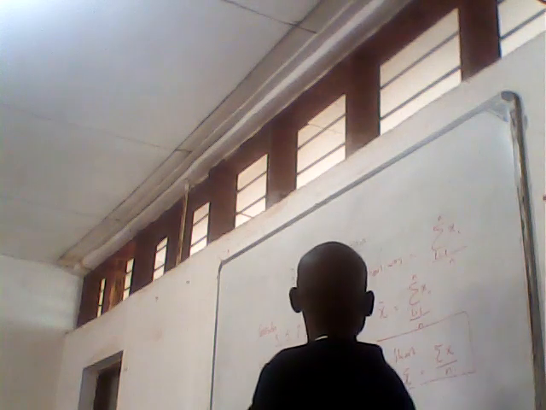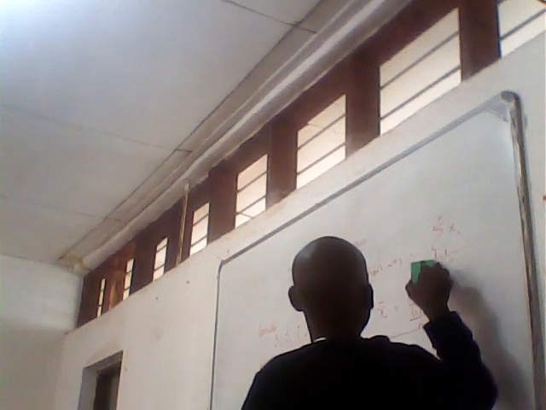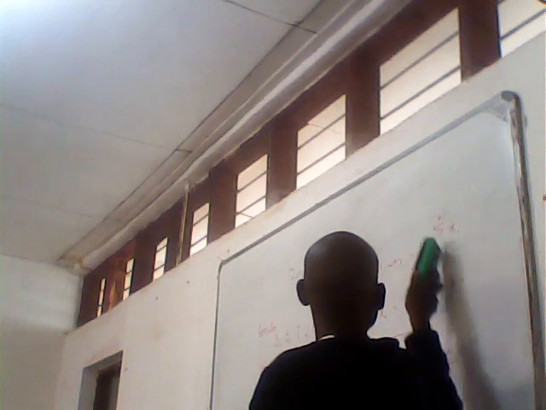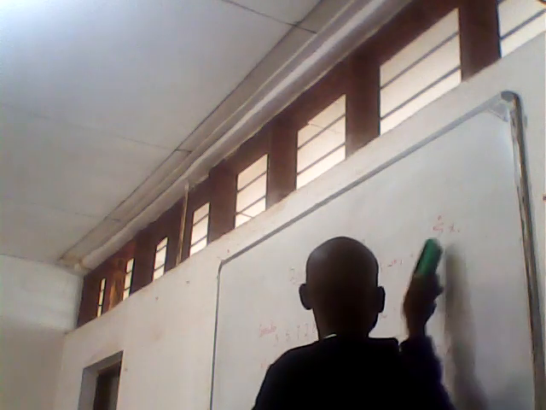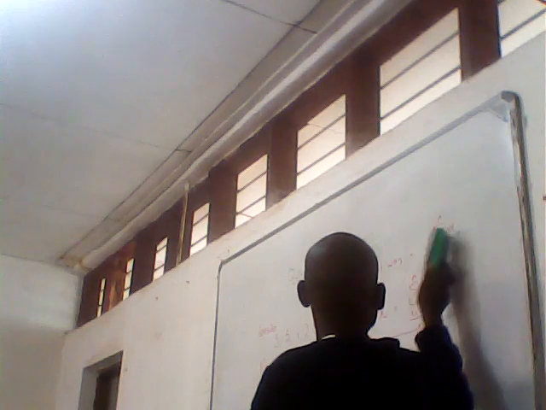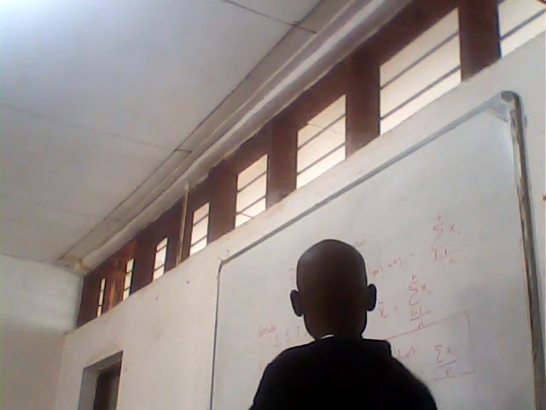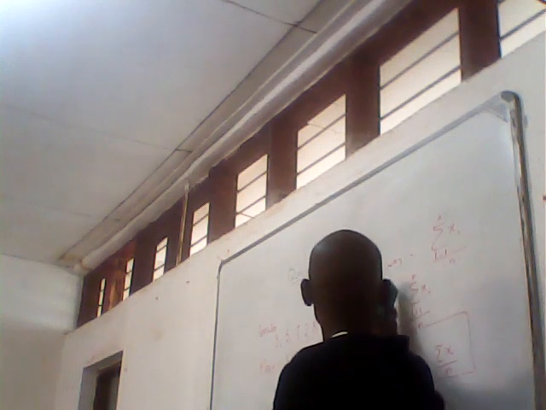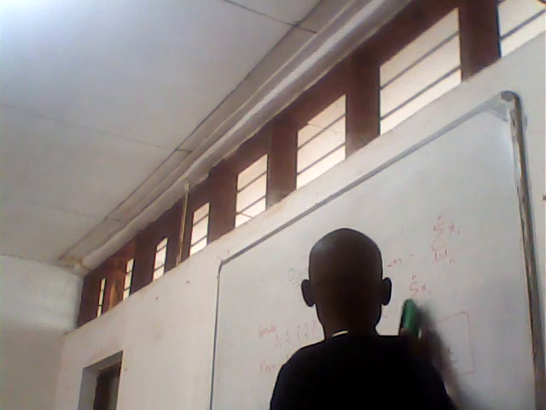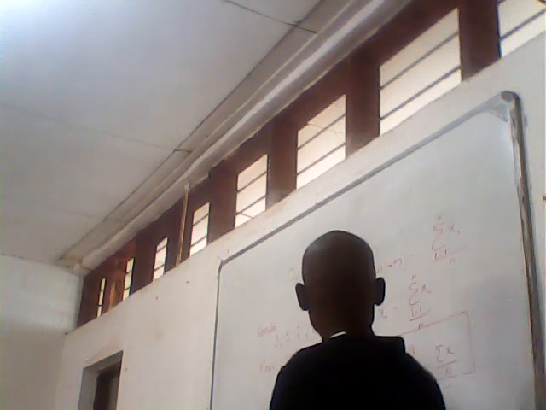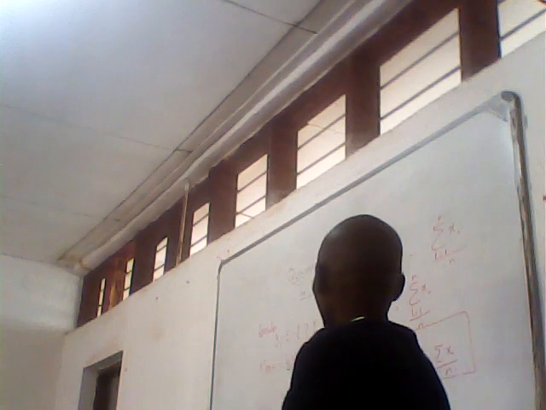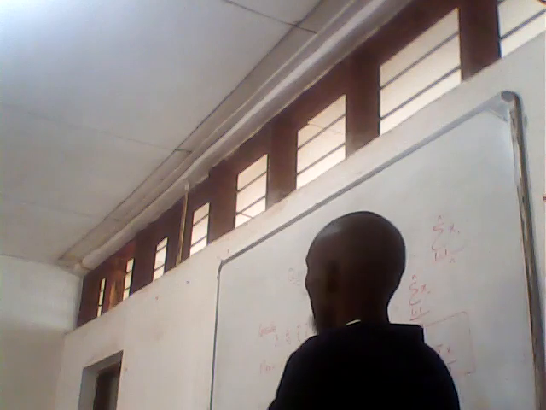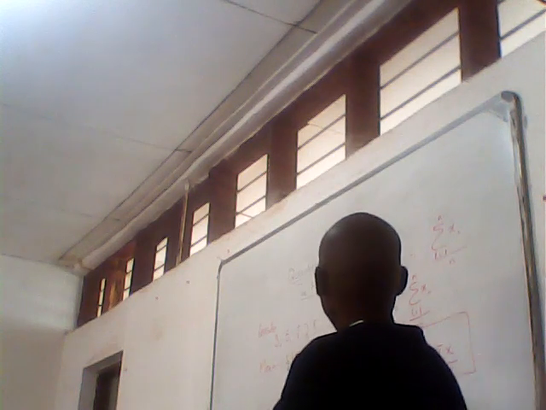You add them together, and when you divide by n, you are finding the average. So mean is equal to the sum from i equals 1 to n of all the x's, divided by n, where n is how many numbers there are.